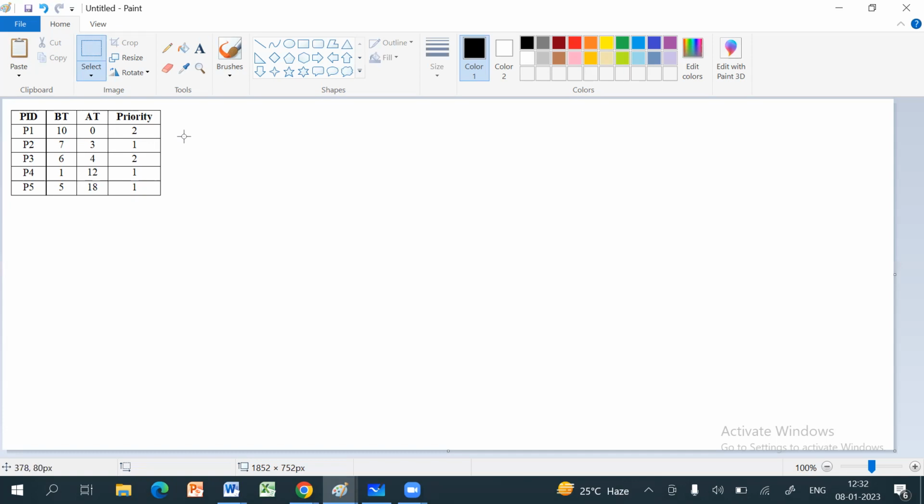For each of these techniques, we will take the help of something called a Gantt chart. A Gantt chart is a small tool used for scheduling processes one after the other according to their arrival times or according to their priorities. We'll be seeing that in a little while. So let's first start with FCFS, and take the help of a Gantt chart here.